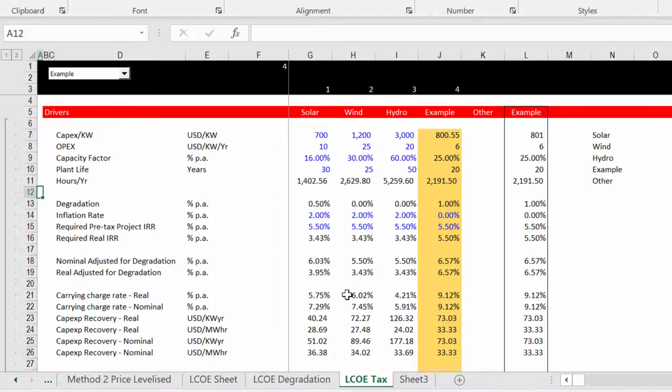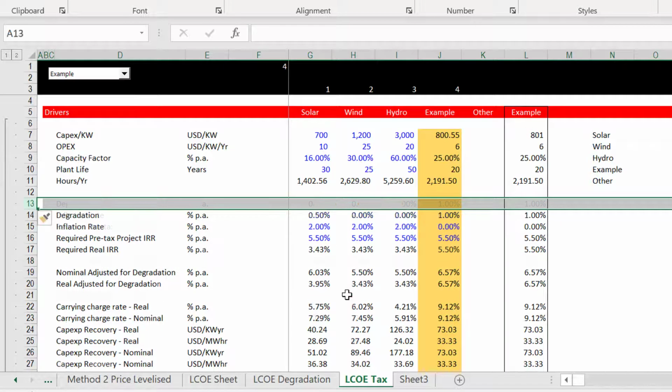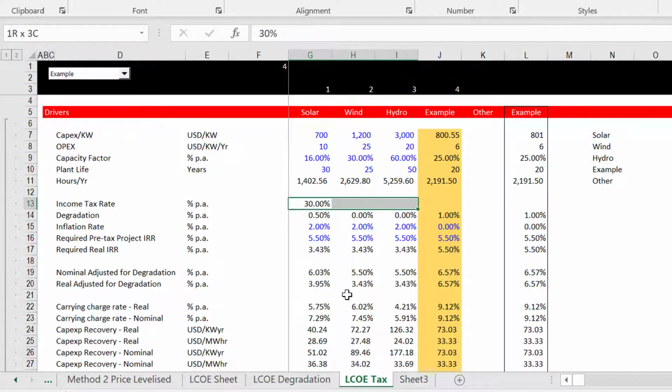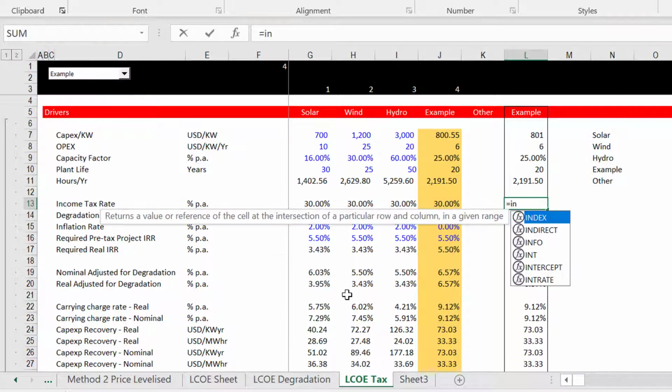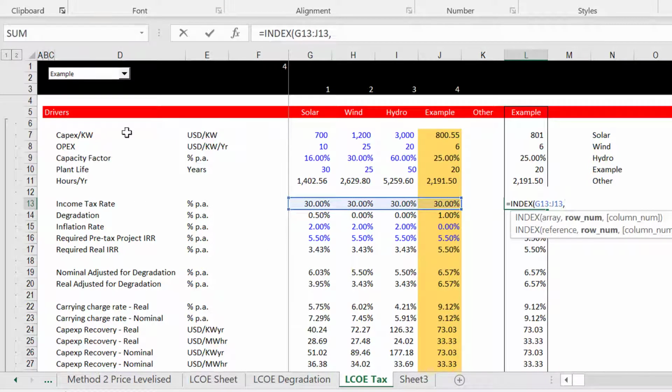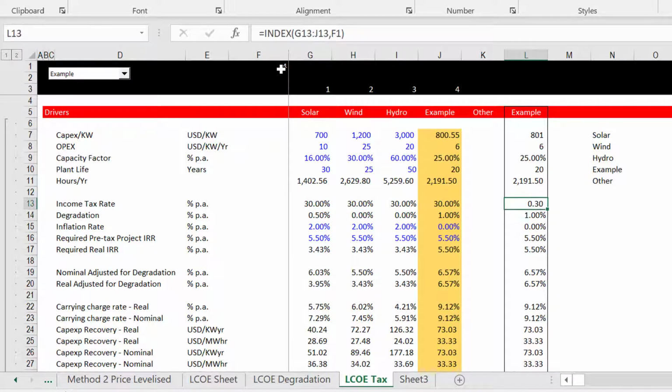But right now, where should we put it? Maybe up here by the degradation. Let's put an income tax rate, okay? And let's say that's 30%. Seems to be changing everywhere in the world. And then we put, remember, the index on this one, and then we can put different income tax rates in for different projects, okay?